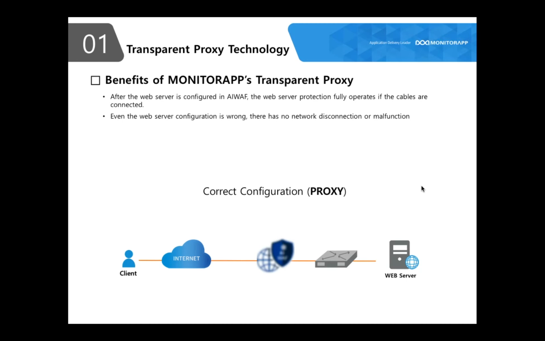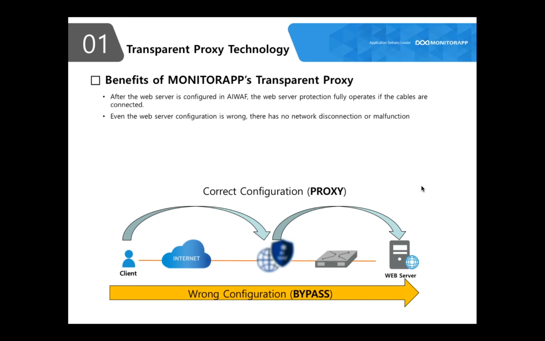In the case of correct configuration in the AOR system, the client accesses AOR and AOR sends it to the web server. But if the configuration in the AOR system is wrong, then the traffic will be bypassed.